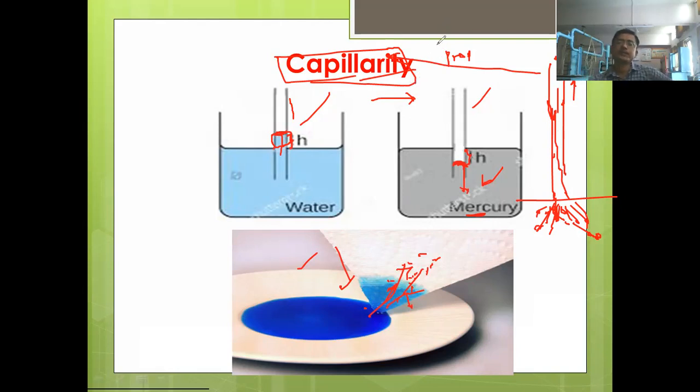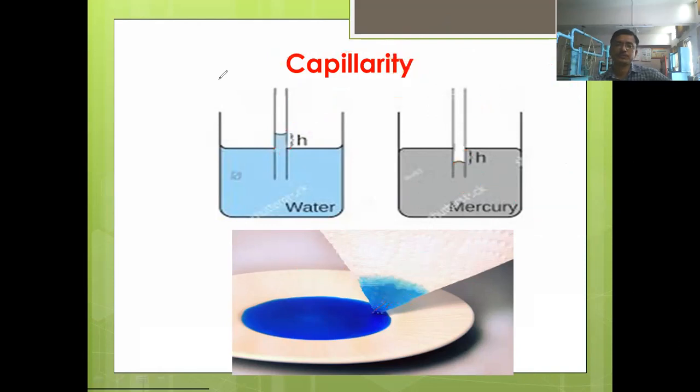So how we can define the capillarity? Capillarity can be defined as the phenomenon of rise or fall of liquid inside a small diameter glass tube or transparent tube when held vertically inside the liquid.